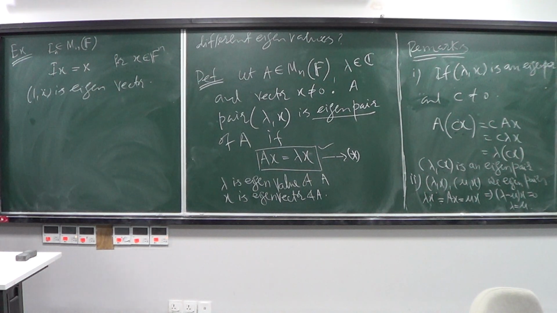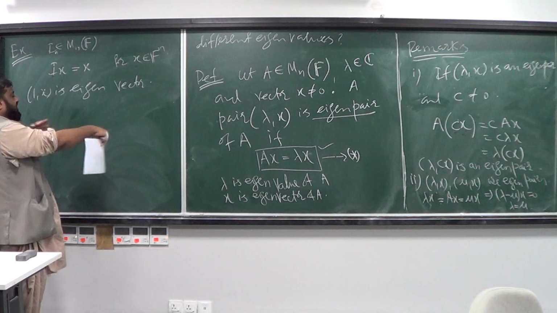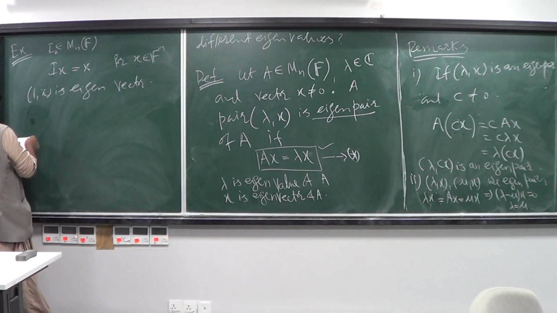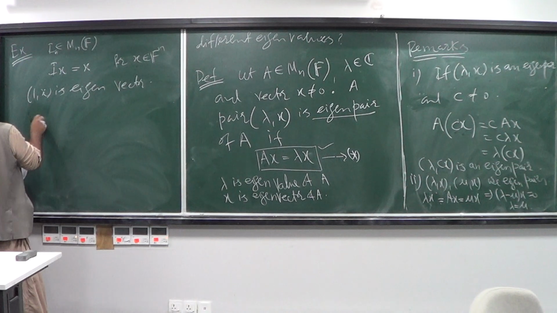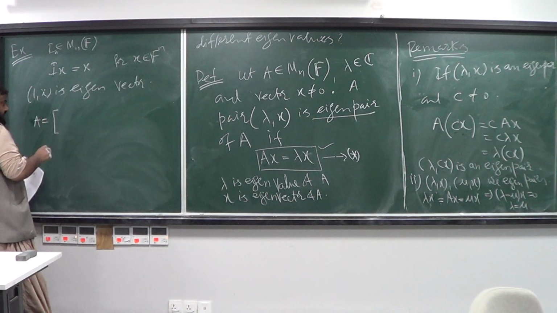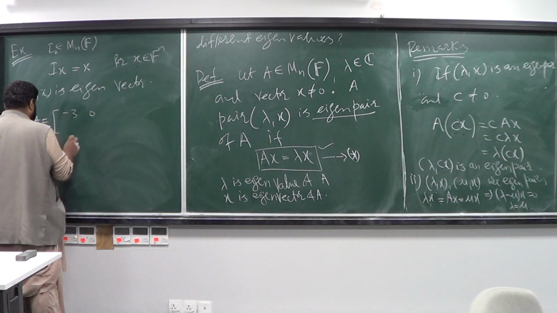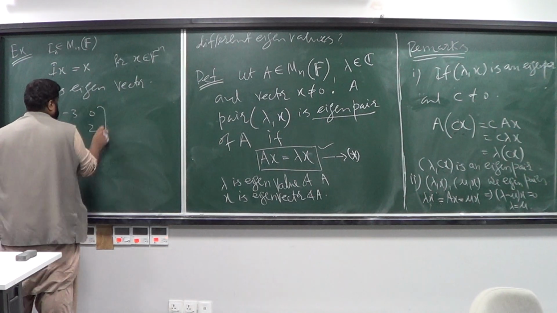Let's do an interesting example. Let's consider matrix A, which goes like -3, 0 and 0, 2.